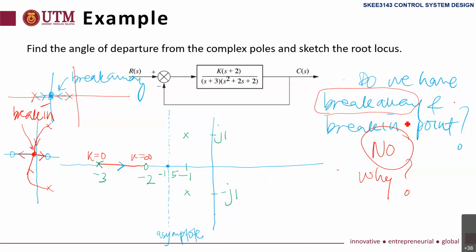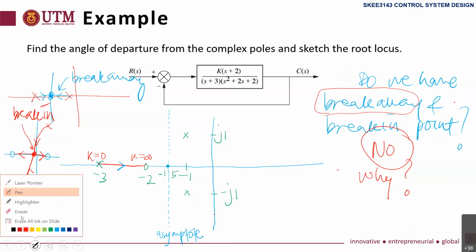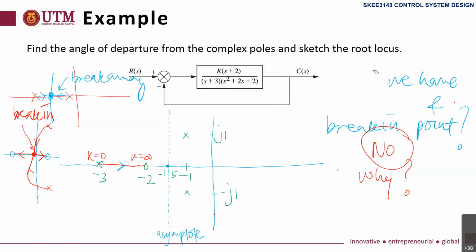Rule number 3, if we have poles and zeros on the real axis. Rule number 4 is applicable to all, because it always starts from a pole to a zero. Rule number 5, only if we have asymptotes. Rule number 6, if we have break away and break in points. Let's move to rule number 7. What does rule number 7 say?